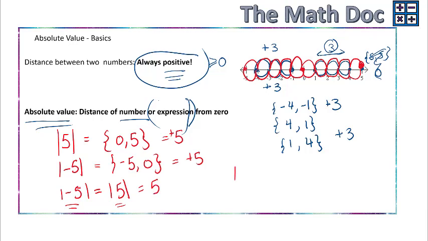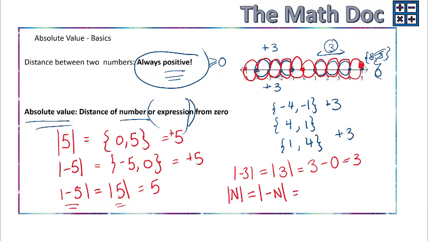Okay? The absolute value of negative 3 will be equal to the absolute value of 3, which is just, let's use now the subtraction, 3 minus 0, right? We're looking at the distance between 3 and 0, which is just 3. So this, in general, is what we do. If we have any number, say we'll call the number n, if we're looking at the absolute value of n, that is equal to the absolute value of negative n, regardless of whether n itself is a negative number.